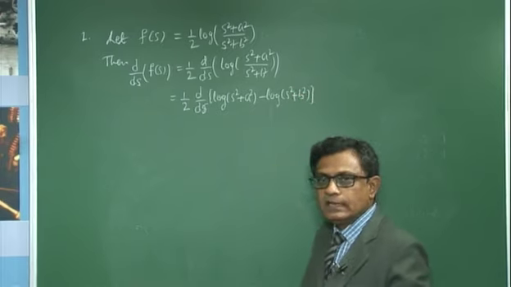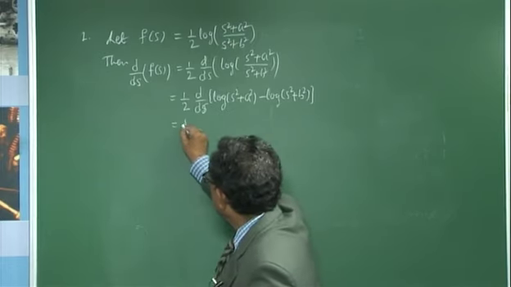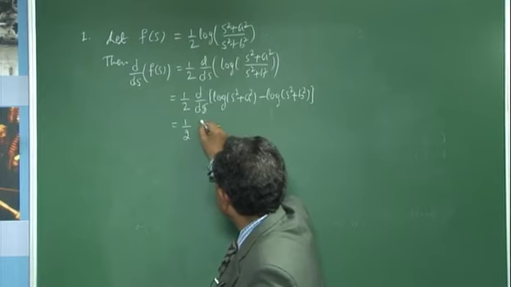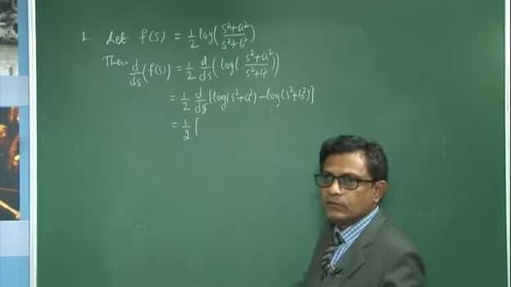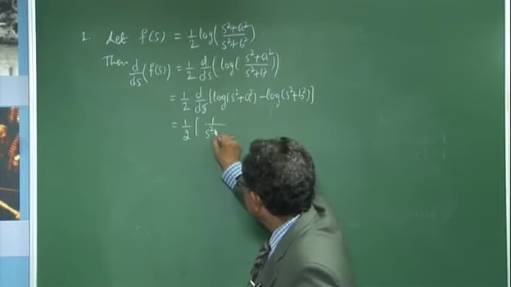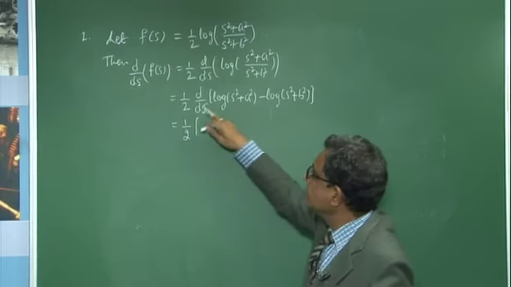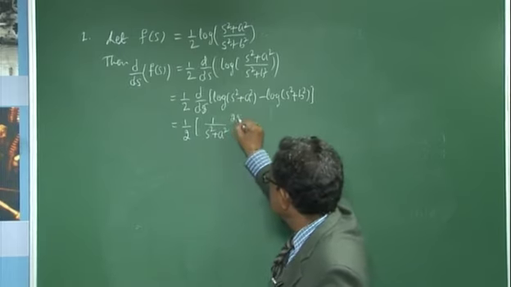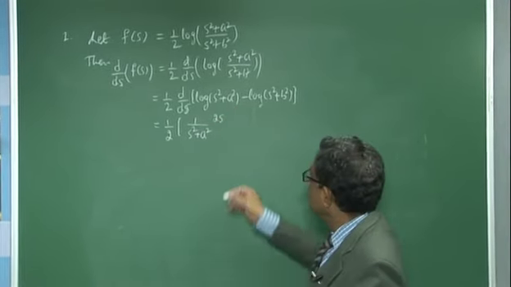Now easily we can find the derivative. 1 by 2, differentiate with respect to s. Log differentiation gives 1 divided by s square plus a square, times the inner derivative with respect to s: s square differentiates to 2s, a square is constant, 0.